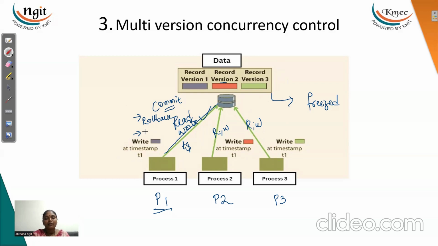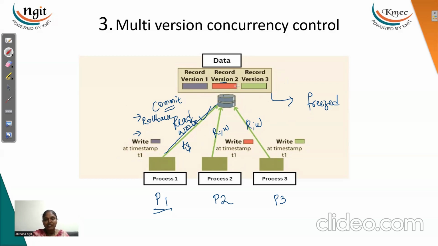So we can apply any other transaction control mechanisms which we have discussed earlier, depending upon the different set of systems. Okay, so the first version of data has to be saved into the database.